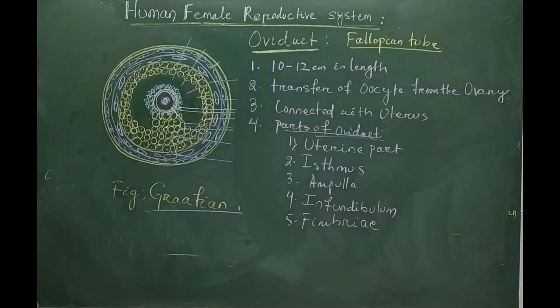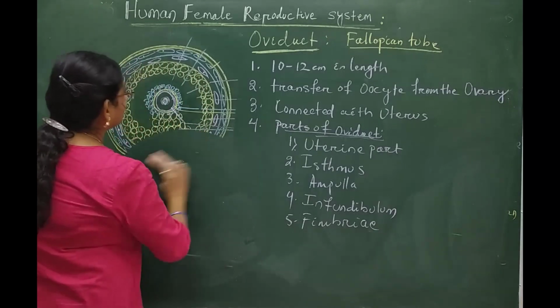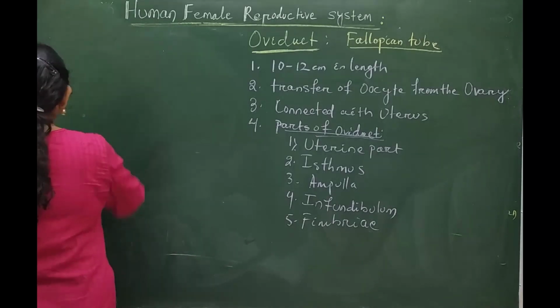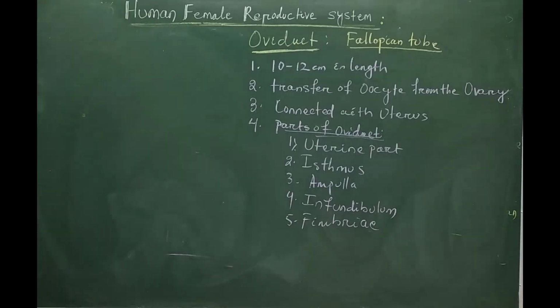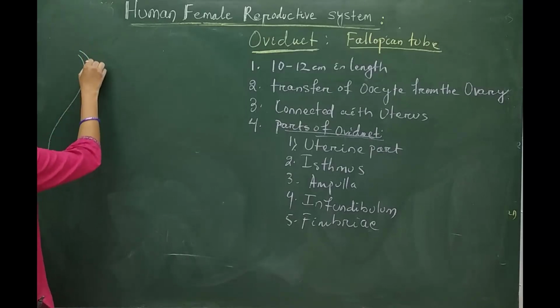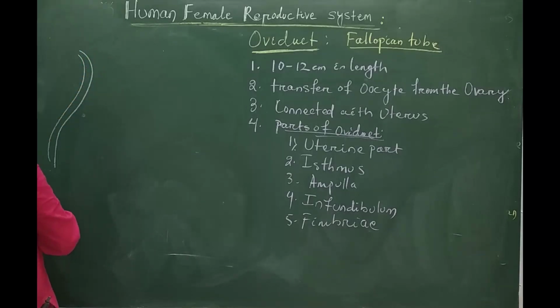If we are talking about the structure of the oviduct, here this is the wall of the uterus.